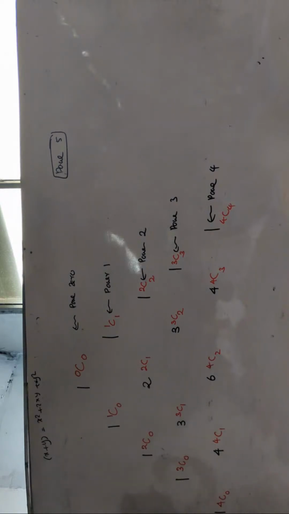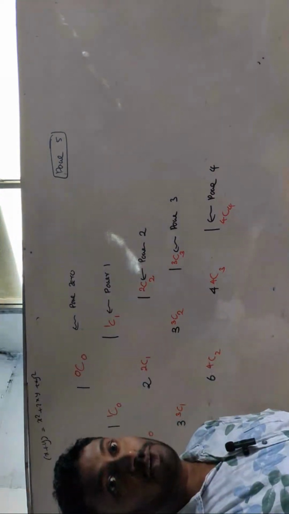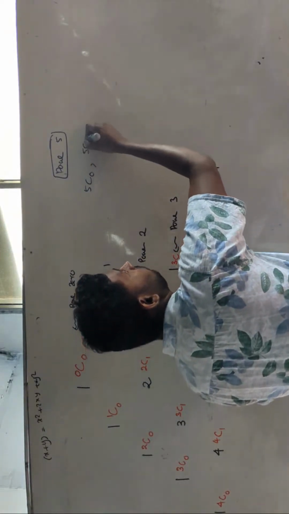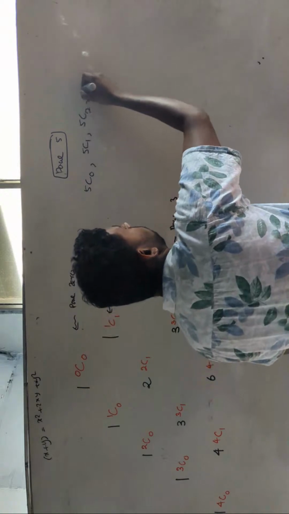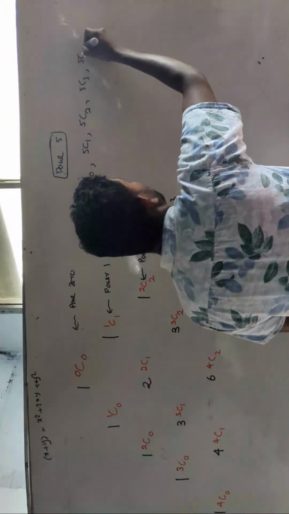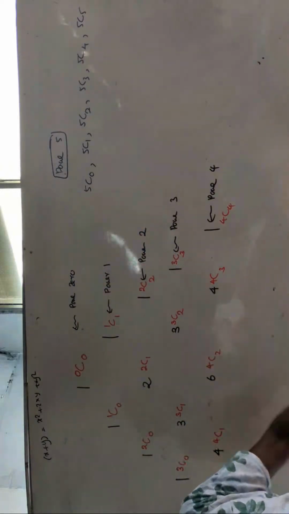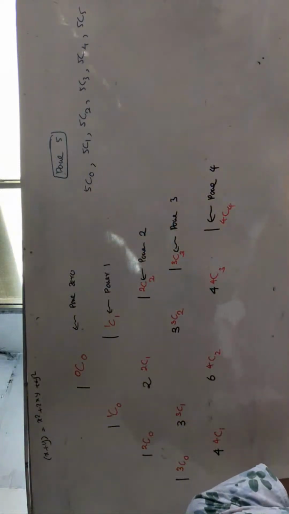Power 4 is 4C0, 4C1, 4C2, 4C3, 4C4. Just like that, if the power is 5, start from 5C0, then 5C1, 5C2, 5C3, 5C4 and 5C5. We know how to determine these values.